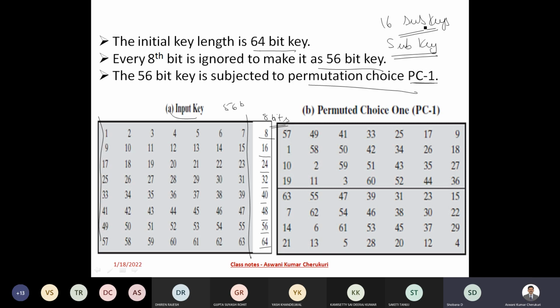I think you are getting bored. Shall we continue or stop? Sir, how much is left in this part? We need to discuss the key generation algorithm. That would take another 10 or 15 minutes. What do you feel?